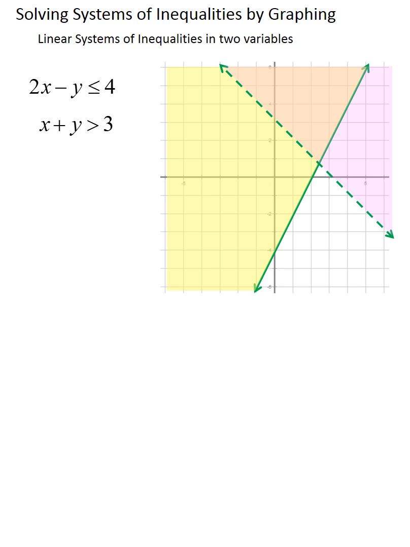If this yellow region represents all the points for which this is true, and this pink region represents all the points for which this is true, and we're looking for all points that make both of them true, then it seems logical that the overlapping region, this blue region here, would be all points that make both inequalities in our system true. And therefore, this is the final solution to this problem.